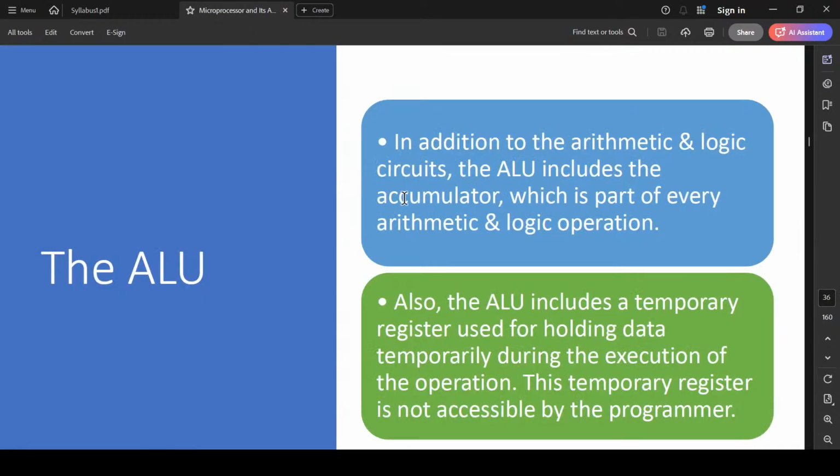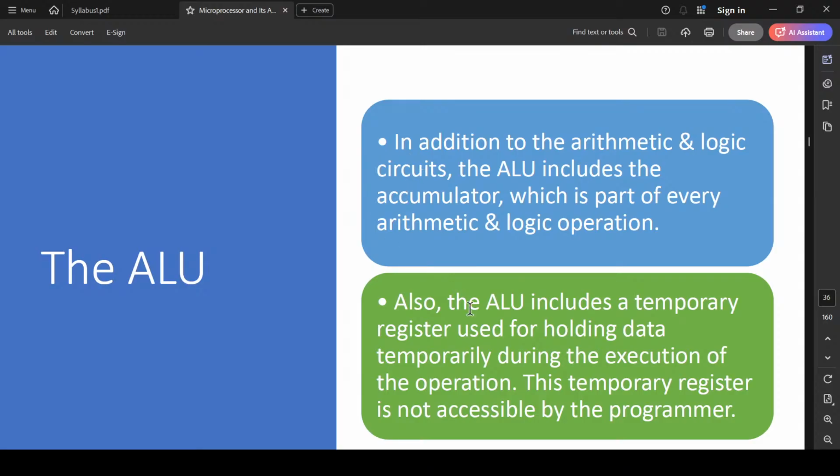Next, the ALU, the one and only all-time champion, Mike ALU. In addition to the arithmetic and logical unit, the ALU also consists of an accumulator.